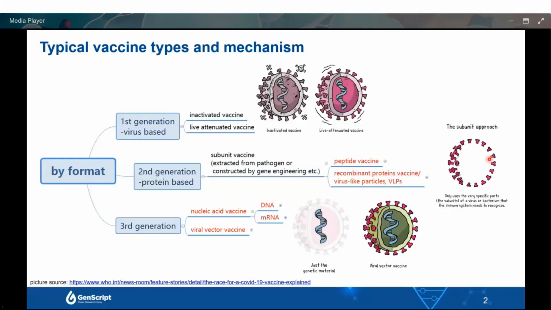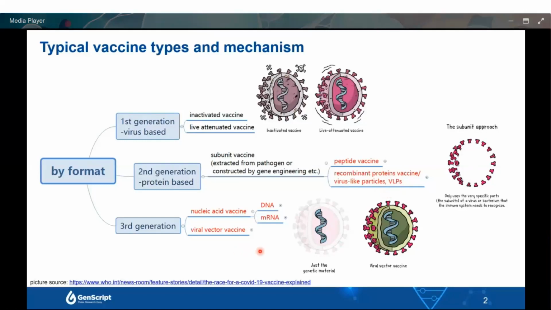And the second generation is protein-based. We just use the subunit part of the virus, so it's extracted from the pathogen or constructed by gene engineering. Usually it includes peptide vaccine, recombinant protein vaccine, and virus-like particles.